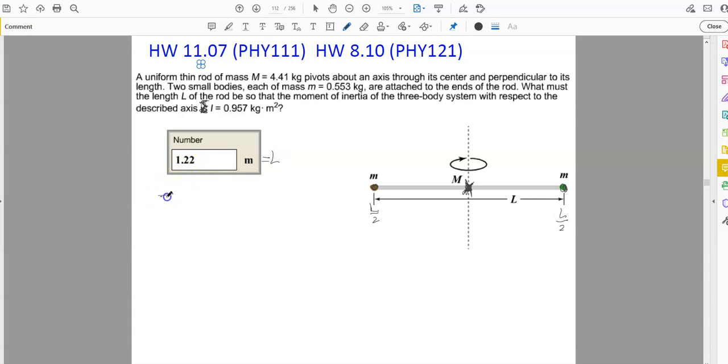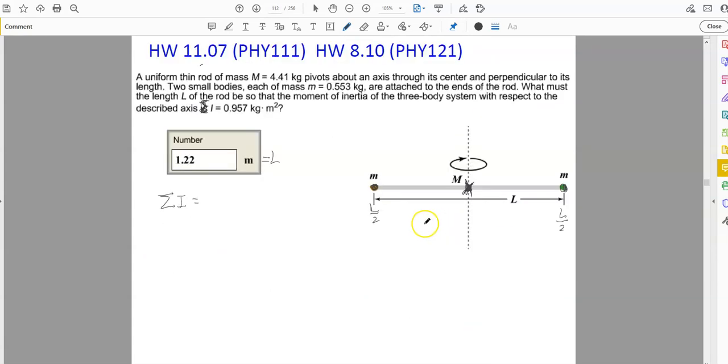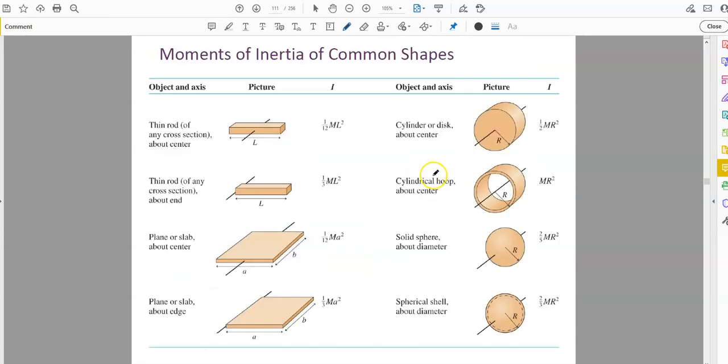Well, what we learned earlier is that you could sum up all of the moments of inertia. You just sum up all the little moments of inertia and just total it. Okay, well, we're going to do that right now. So what we have is a point mass a distance away, and that is mr squared.